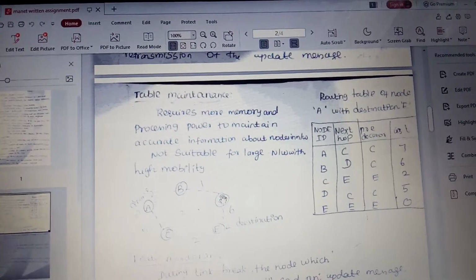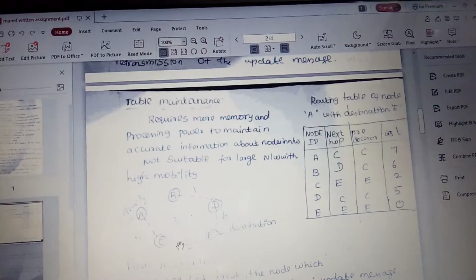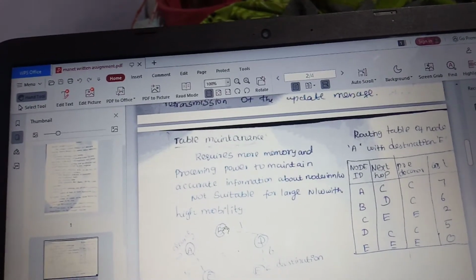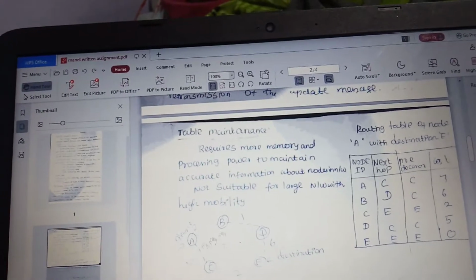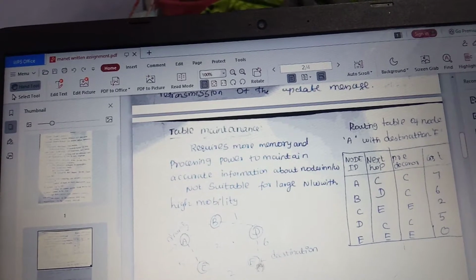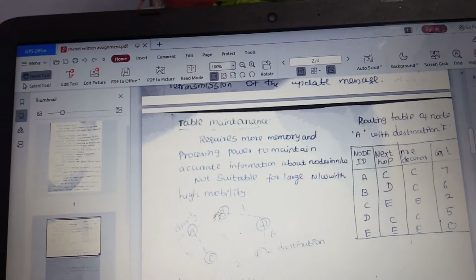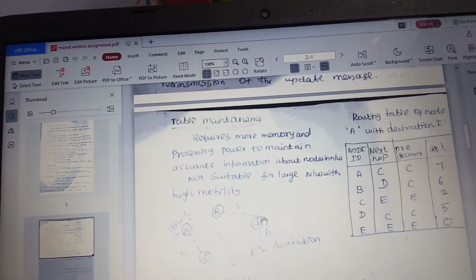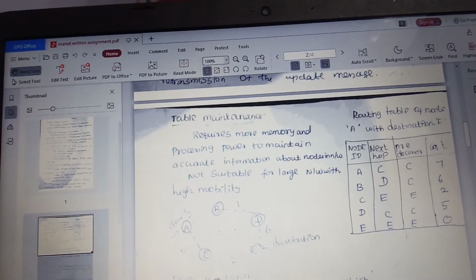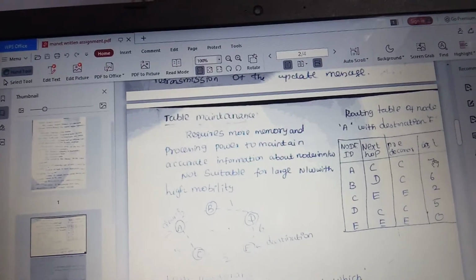B to D is 1, D to E is 6, C to E is 2, C to D is 3. Next hop for A is C, for B is D, for C is E, for D is C, and for E is E. Here the predecessor of A is C, and so on, and the predecessor of E is 0. The cost of all 5 nodes is given in this table.